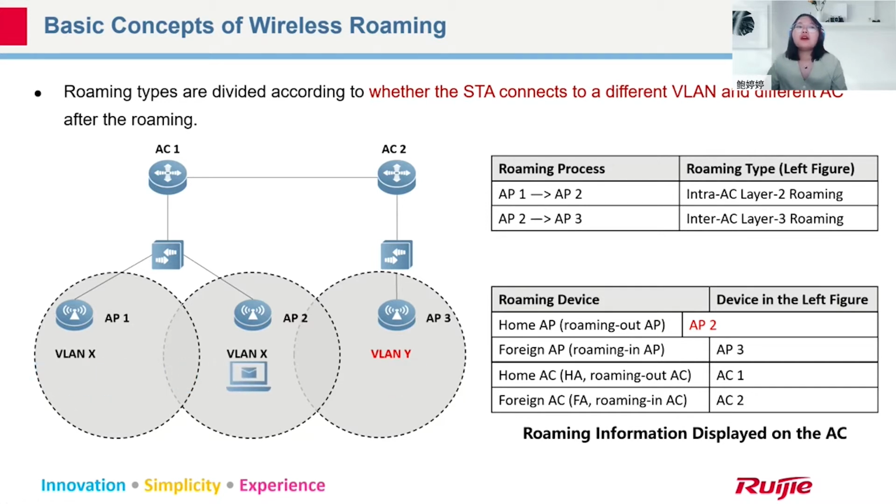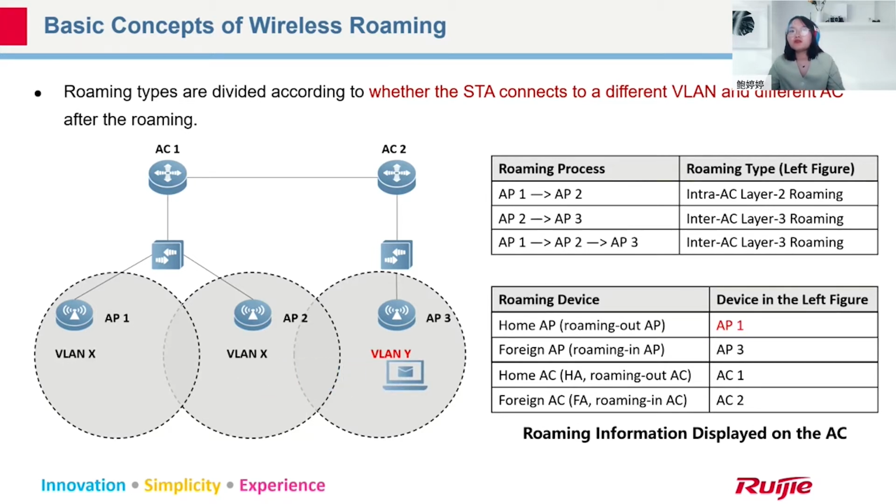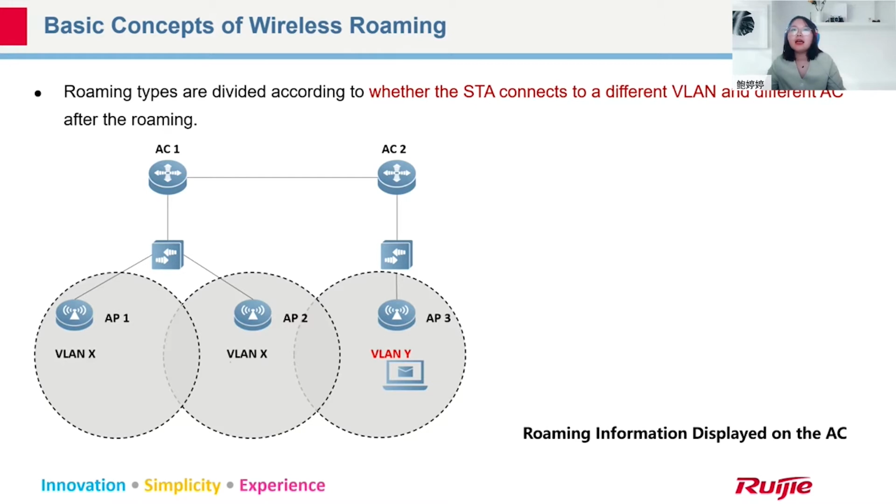The third scenario is when the station moves from AP1 directly around AP2. In this scenario, the signal is not disconnected. We still use the connection with AP1 and continue moving around and then connect with AP3.